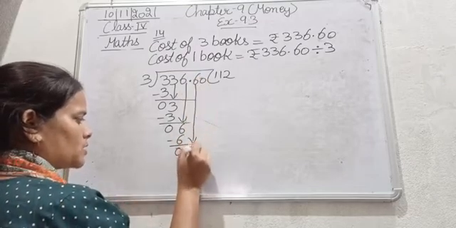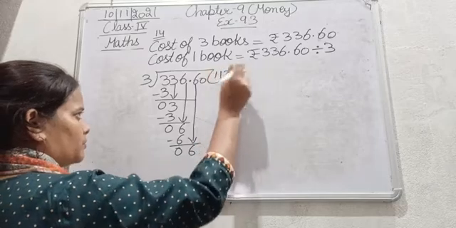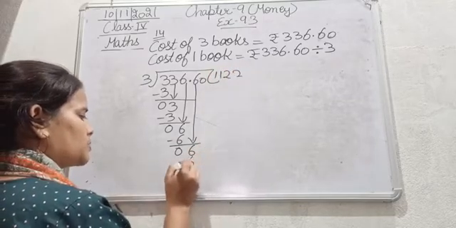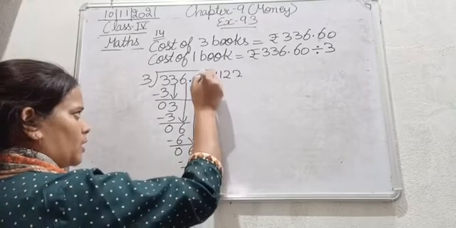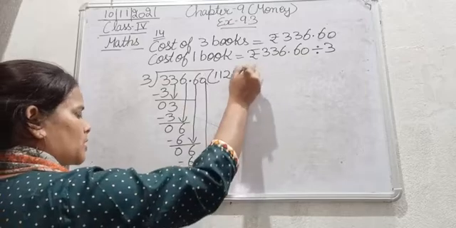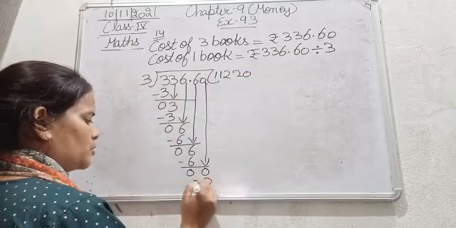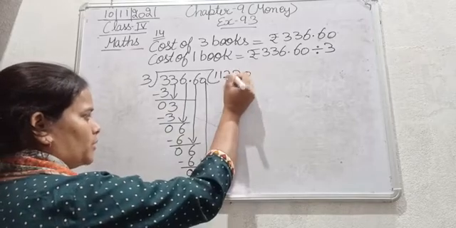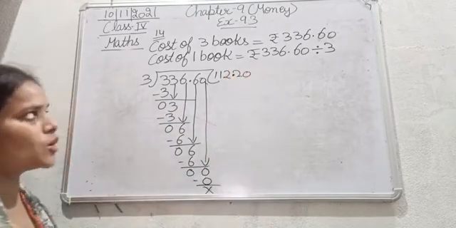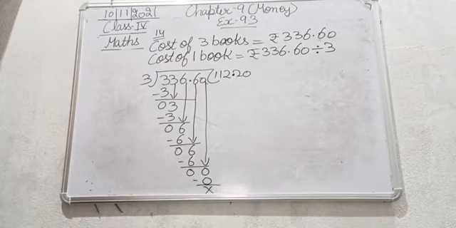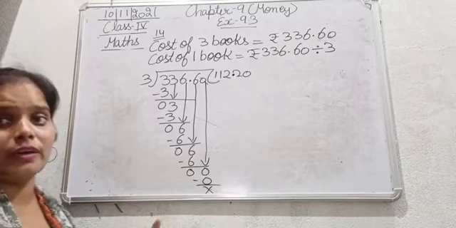Bring down 6. 3 twos are 6. 6 minus 6, 0. Bring down the next number, that is 0. 3 zeros are 0. 0 minus 0, nothing. Now put the decimal here. So this is the cost of one book, that is 112 rupees and 20 paisa. The question is not over yet.